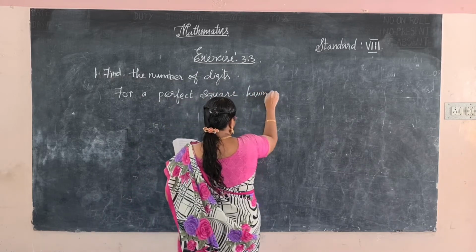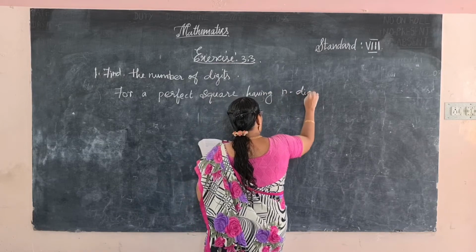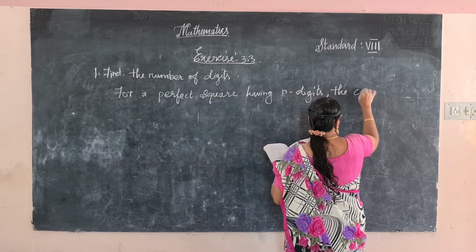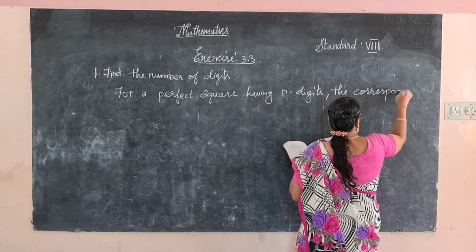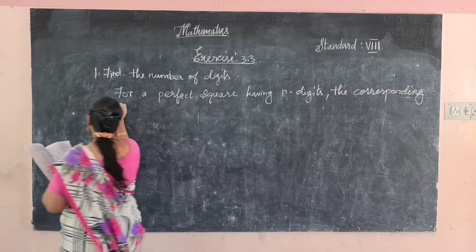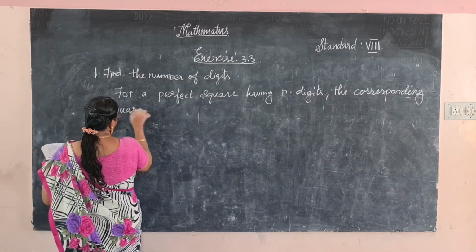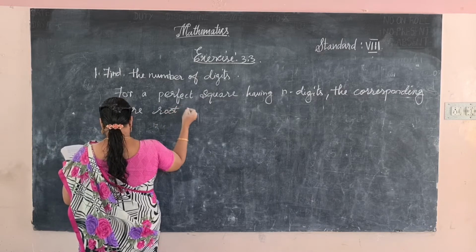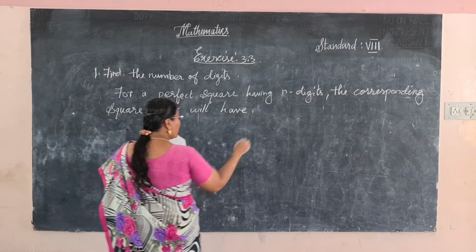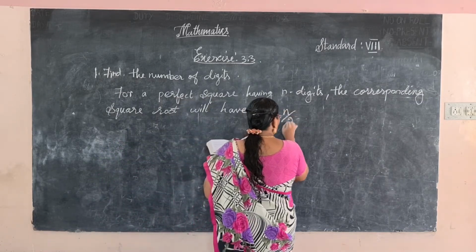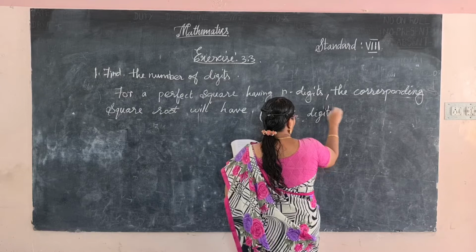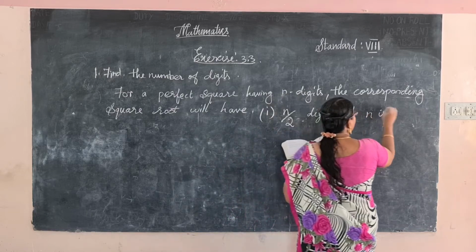having n digits, the corresponding square root will have n by 2 digits if n is even.